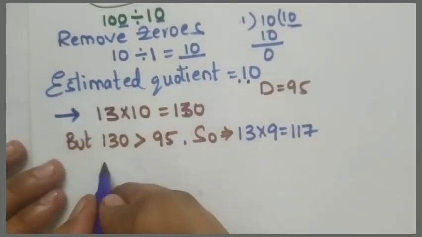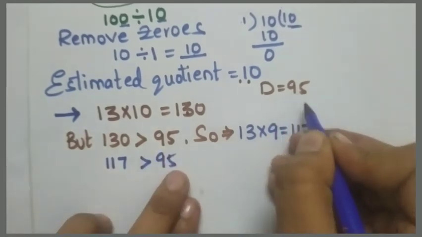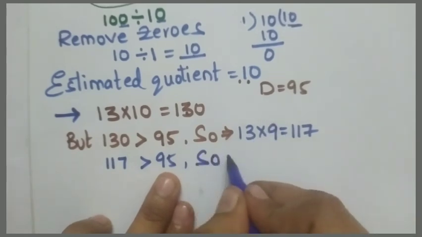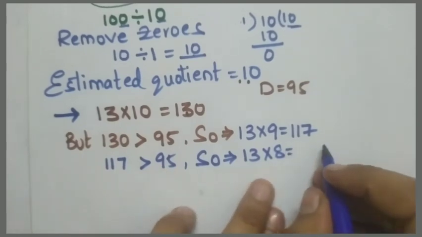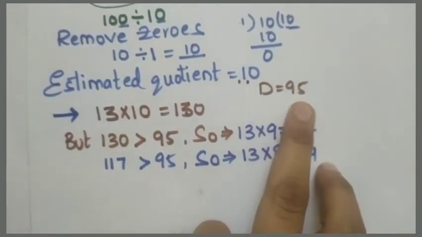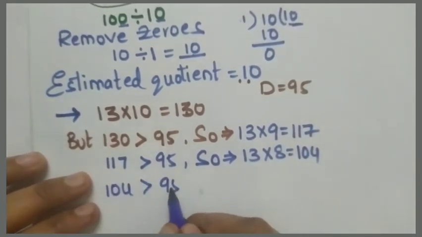This 117 is also greater than 95. So we'll take 13 eights. 13 eights are 104. Again 104 is also greater than 95.